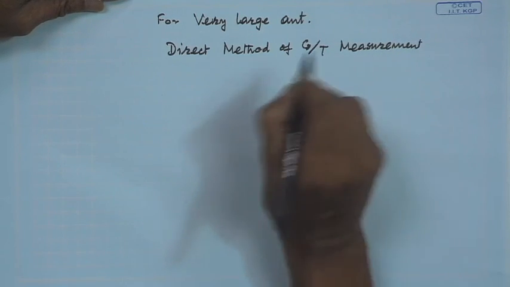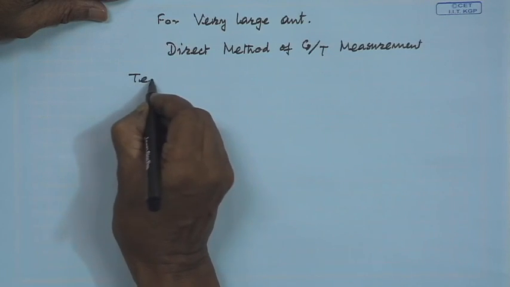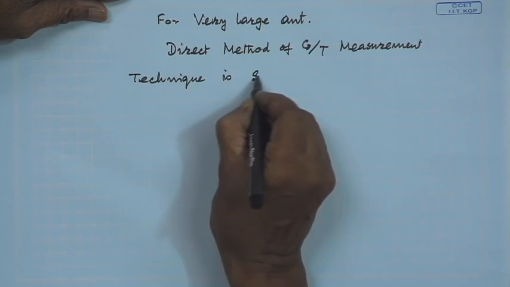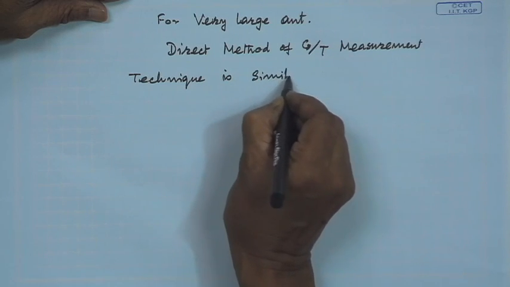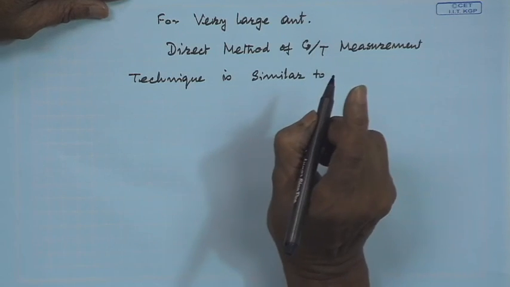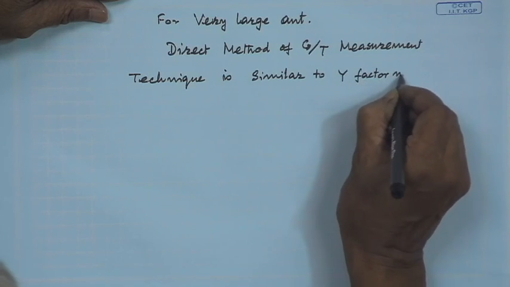That technique is similar to, since temperature is there, if you remember the noise temperature measurement, we told you that there is a method which is called the Y factor method. So, it is similar to the Y factor method.